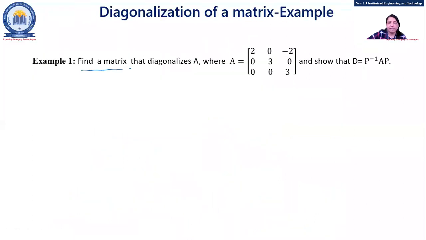We'll see one example for that. Suppose I have a matrix A, a 3 cross 3 matrix. See here it's asked to show that D equal to P inverse AP. So the first step is what? Eigenvalues. Now take a screenshot of this example quickly.